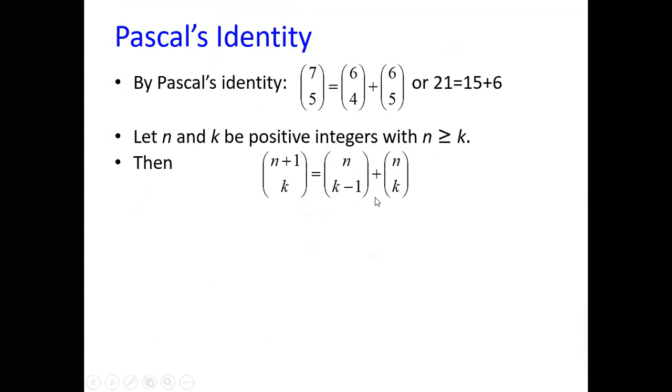Okay, this is the general equation Pascal said. To build up this triangle, we can solve it graphically if you want. Or combination: C(n+1, k) equals C(n, k-1) plus C(n, k).